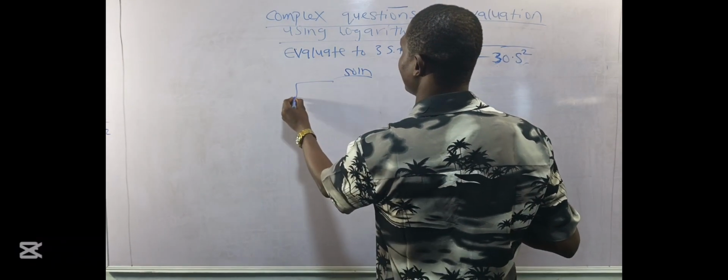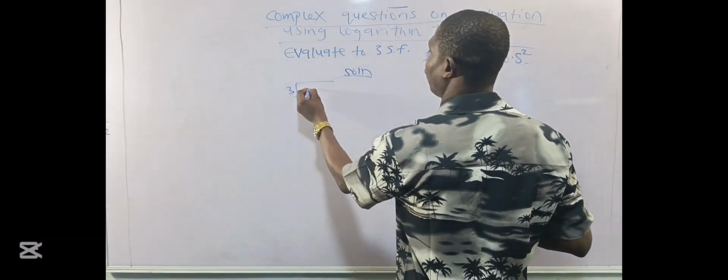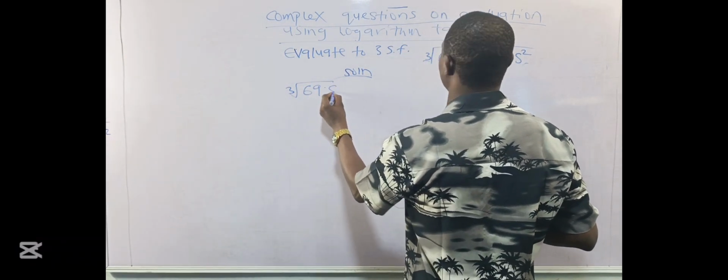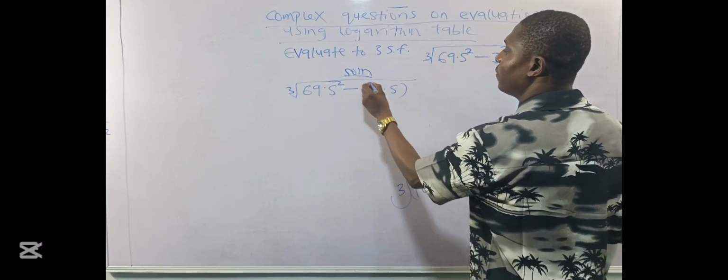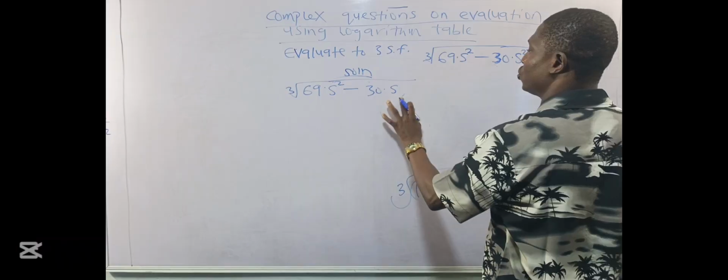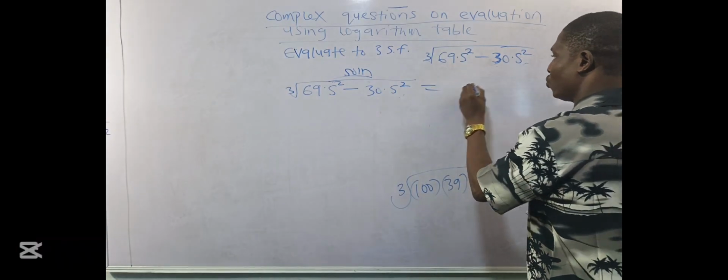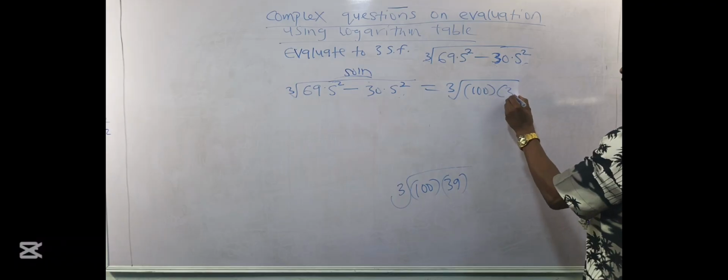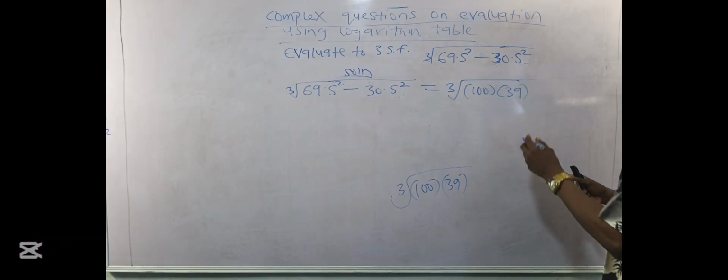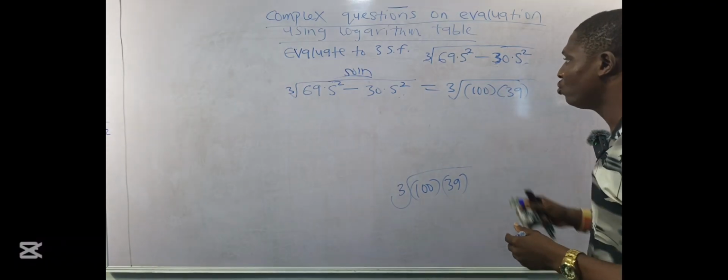So we can write the cube root of 69.5 square minus 30.5 square is equal to the cube root of 100 bracket 39. And you see, bracket is multiplication. So we are good to go.